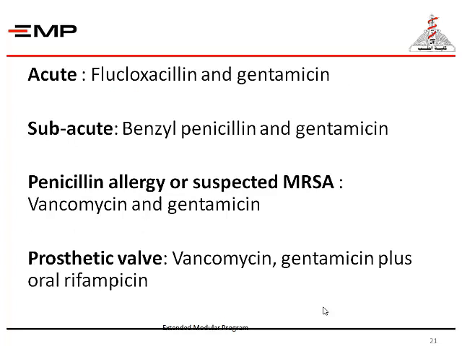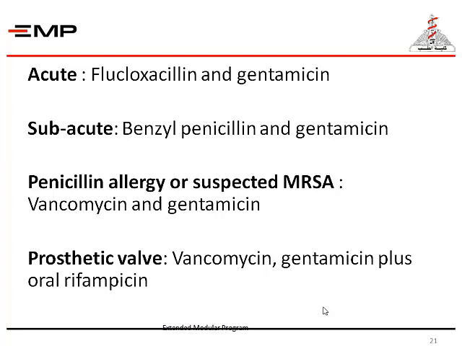If we have an acute form of infective endocarditis, we can start empirically with flucloxacillin and gentamicin, as the suspected organism is Staphylococcus aureus. If we have a subacute infective endocarditis, we can start empirically with benzyl penicillin and gentamicin, as the suspected organism is streptococci.